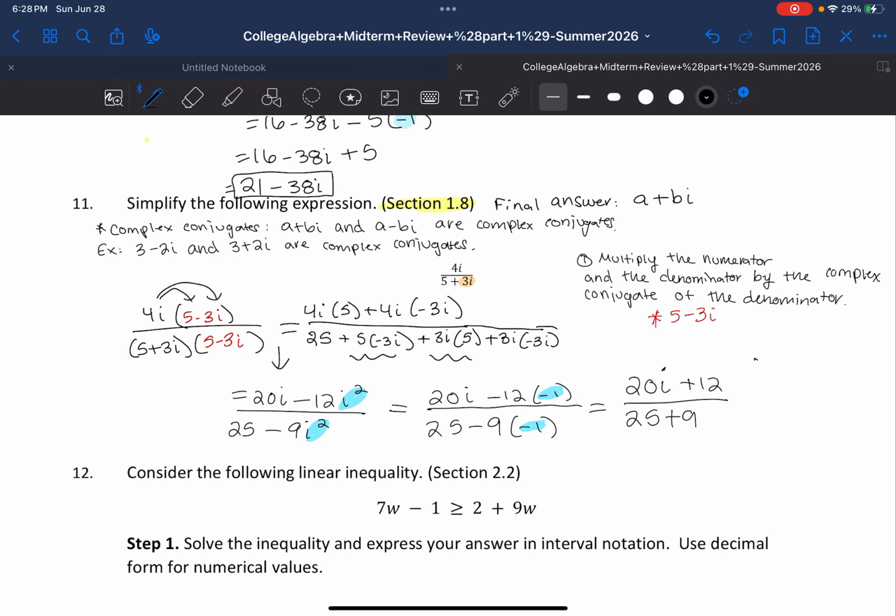And so now what I'm going to do is I'm going to rewrite the real number 12 in front. So this would be 12 plus 20i and then 25 plus 9 would be 34.